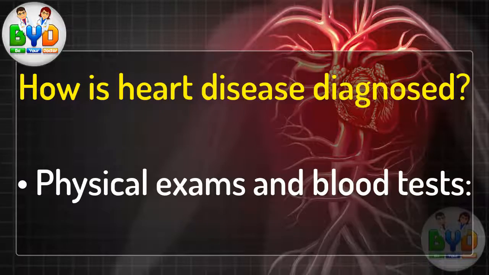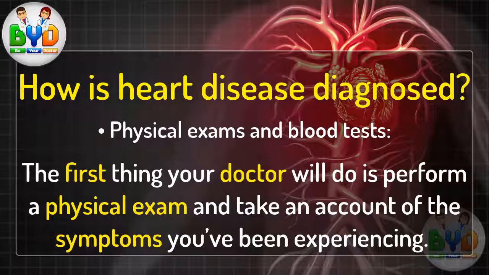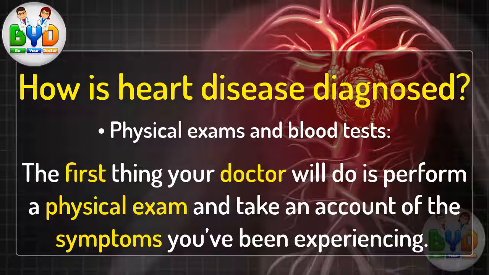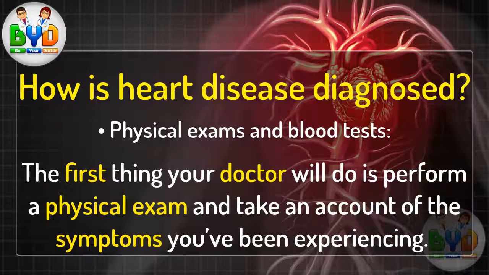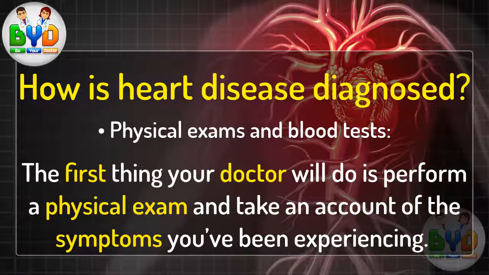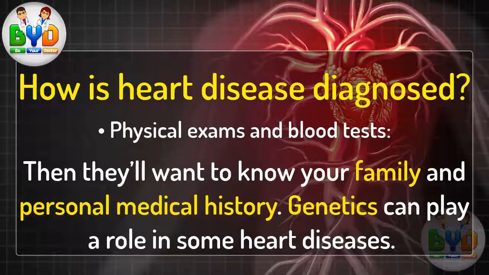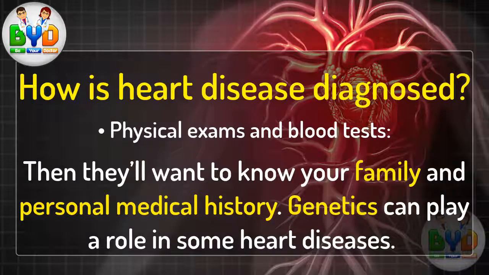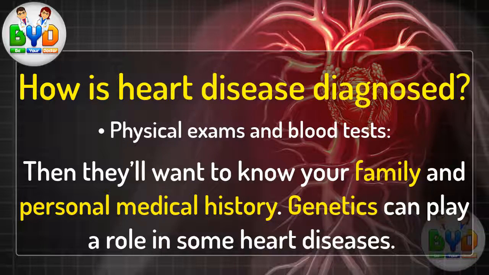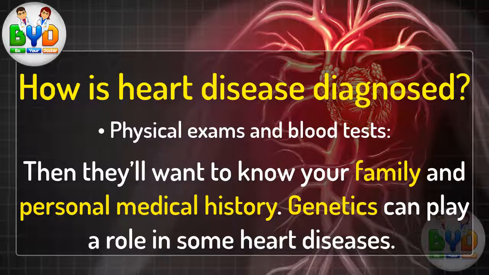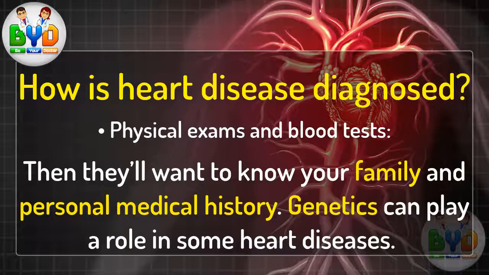Physical exams and blood tests. The first thing your doctor will do is perform a physical exam and take an account of the symptoms you've been experiencing. Then they'll want to know your family and personal medical history. Genetics can play a role in some heart diseases.